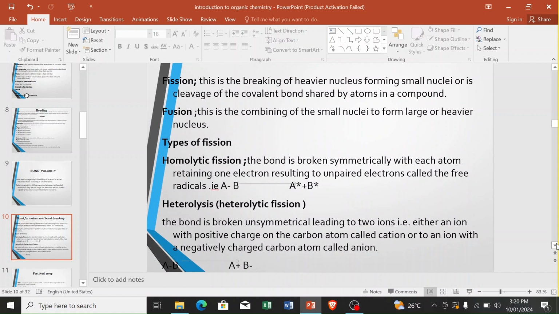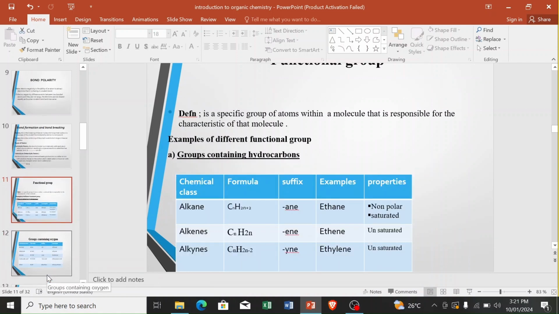So we find that here it is not shared equally because one of them is stronger than the other, more polar than the other, more electronegative than the other, where electronegativity is able to pull all the electrons they had shared together to itself. That is heterolytic fission. I hope we are still on the same page and still moving together.